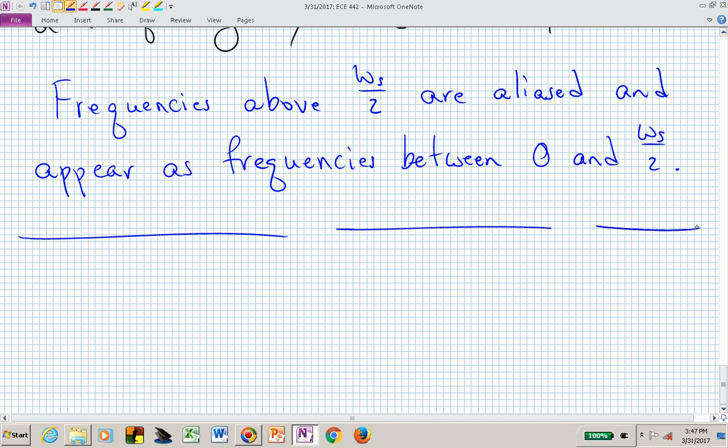And before we go too much further in trying to justify this answer, let's remind ourselves that for this class, we're dealing with real coefficients in all of our systems.